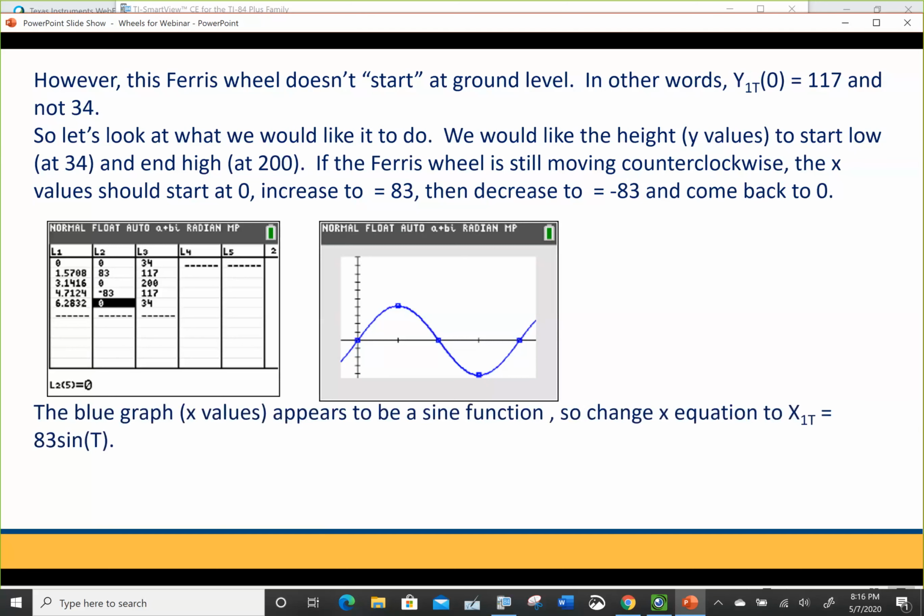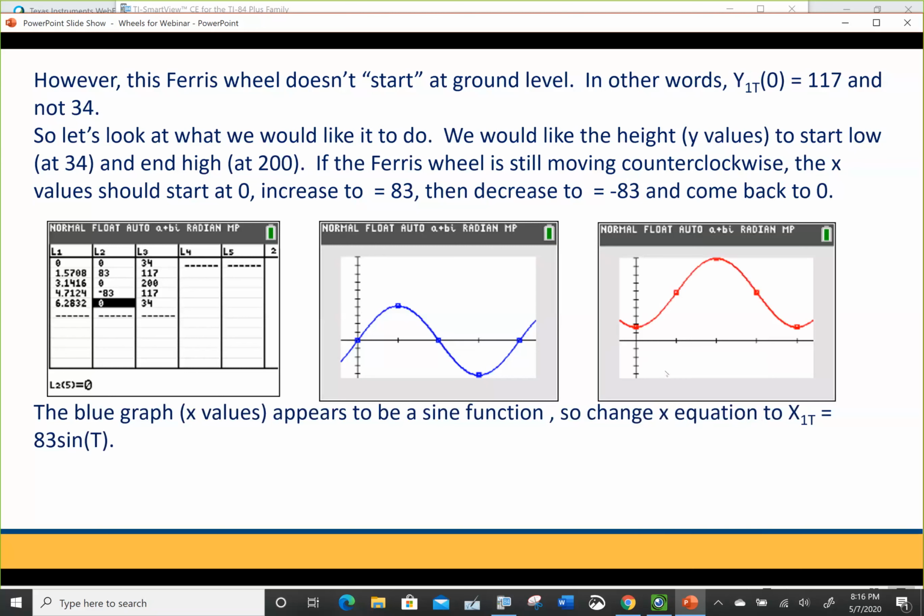Now, let's look at the y values. I wanted them to start low, the loading platform 34. Then I wanted to go up to the vertical translation, which was 117. Go up to the height that's the maximum, 200. Go back down to the vertical shift, and then down to the loading platform. And if I graph these as a function of list 1, that's what the graph looks like.